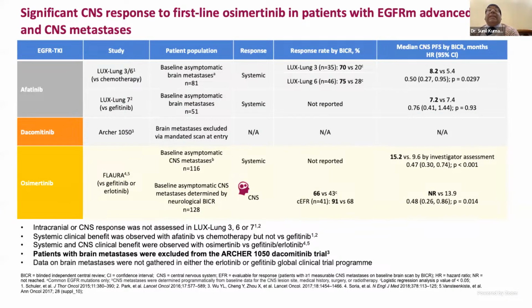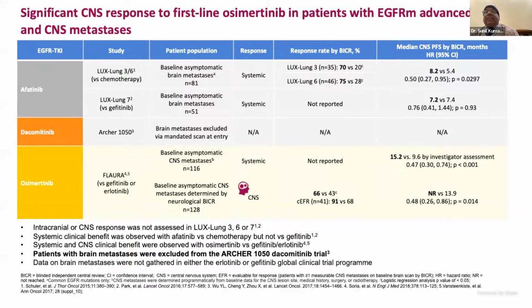So you can see afatinib, dacomitinib, and osimertinib, and I'm just showing the conclusion of various trials: intracranial or CNS response was not assessed in LUX-Lung 3, 6, and 7 randomized trials. Systemic clinical benefit was observed with afatinib versus chemotherapy, but not versus gefitinib.